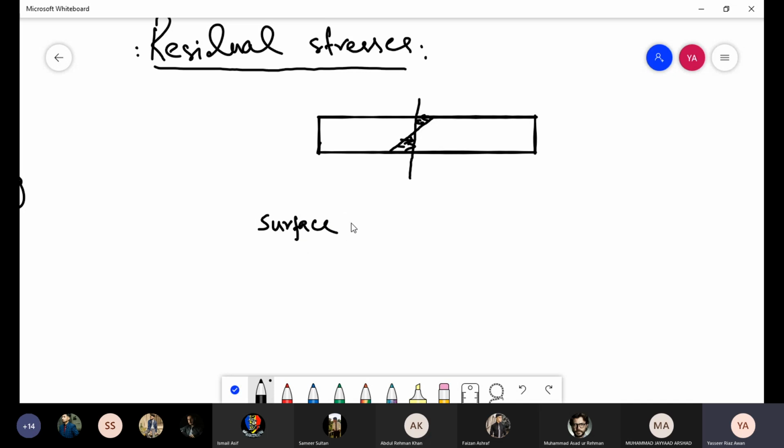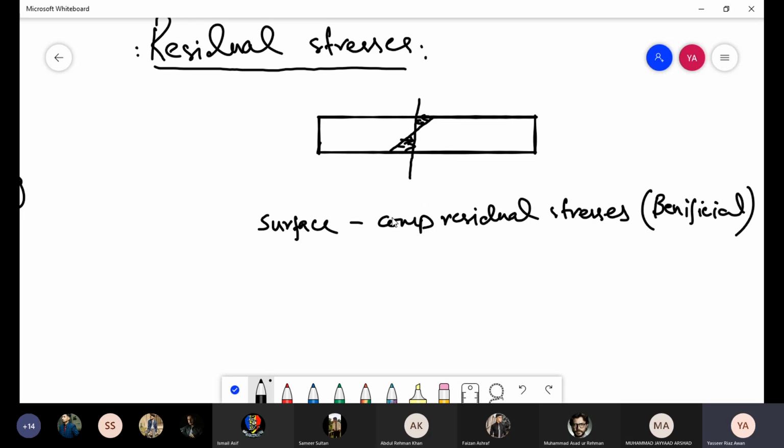So in terms of the surface, if there are compressive residual stresses already present, then that is beneficial, because when you apply a tensile load, the actual tensile stress would be reduced.